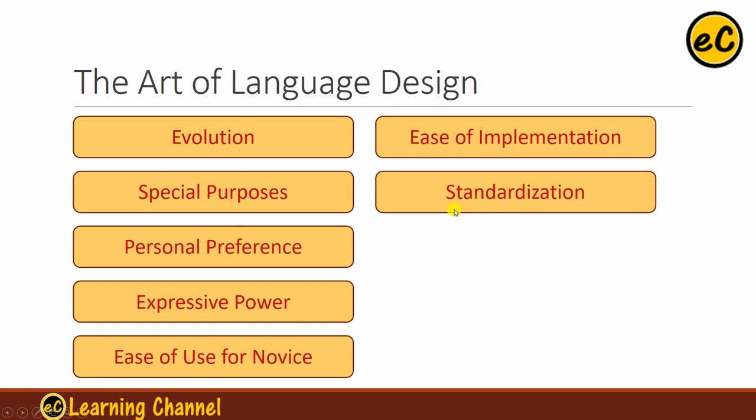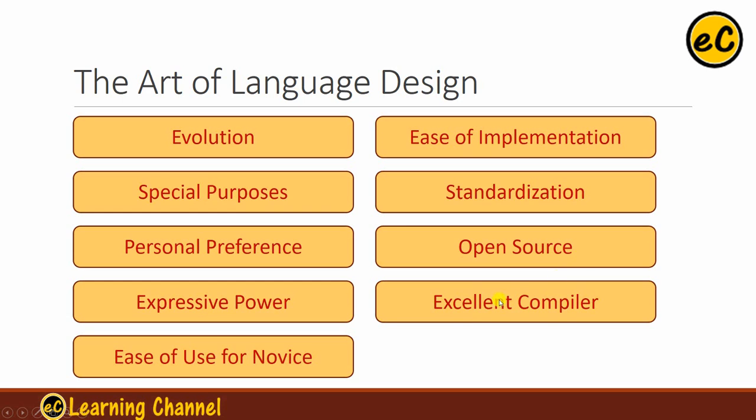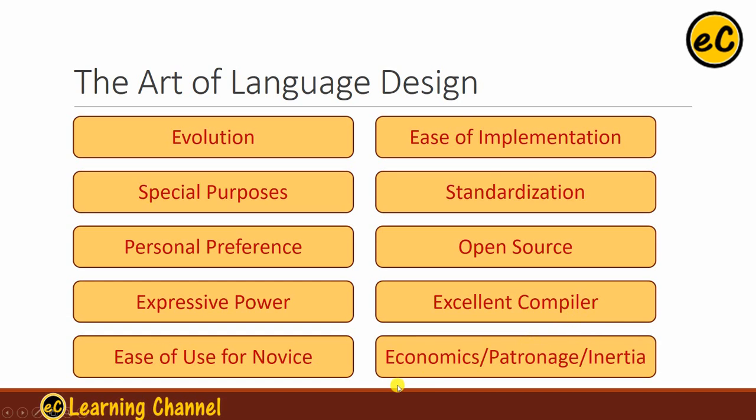And standardization. Standardization will make sure a language can spread quickly and easily. And open source, so that people would like to download it. Excellent compilers, so you don't need to take much time to develop your software. And finally, the economic reason or patron reason, so that some company would like to pick it up. And these are the important design features for the languages.